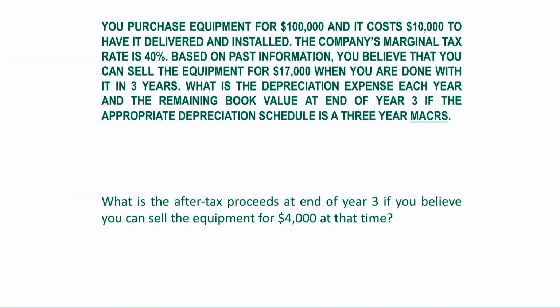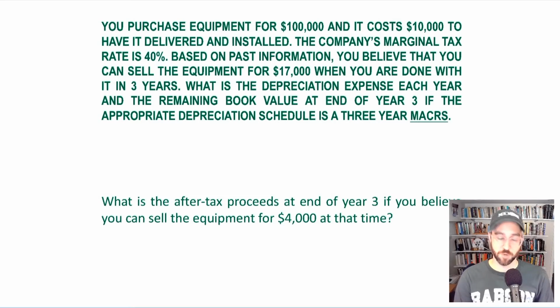And suppose that based on market conditions and what's happened in the past, we think that we're going to be able to sell this equipment for $17,000 3 years from now. So we need to figure out the depreciation expense each year. We need to figure out the remaining book value at the end of 3 years. And suppose that the appropriate depreciation schedule is a 3-year MACRS depreciation schedule.